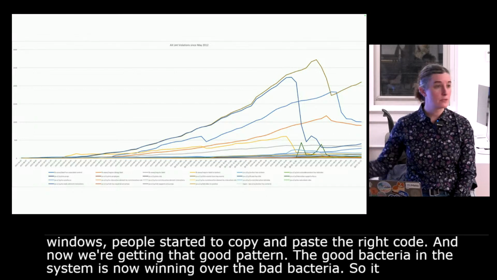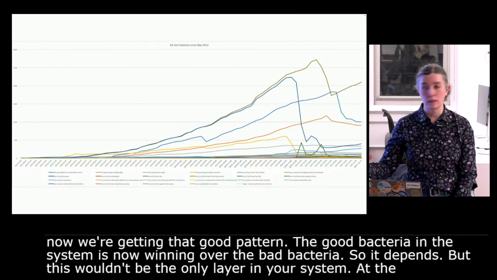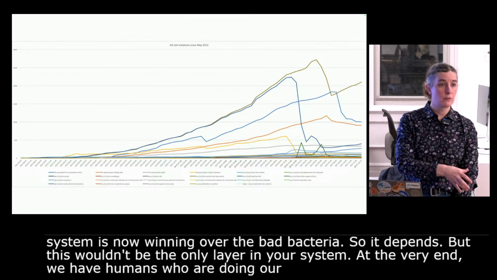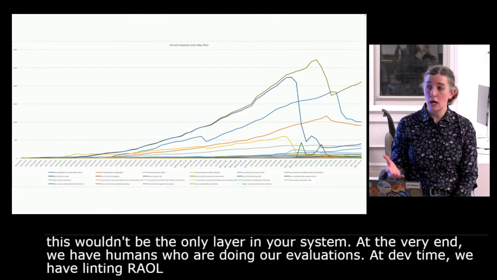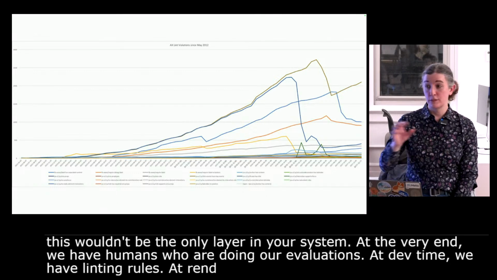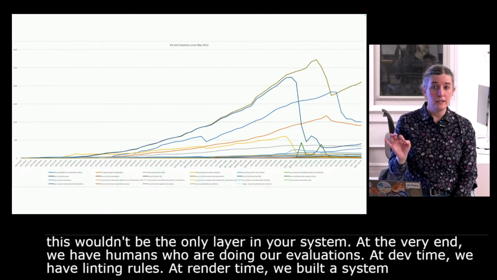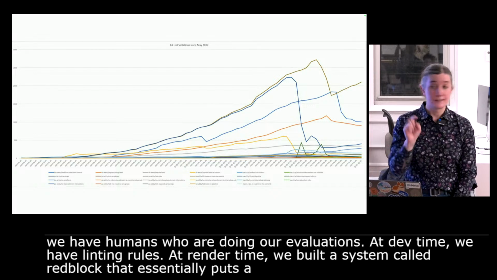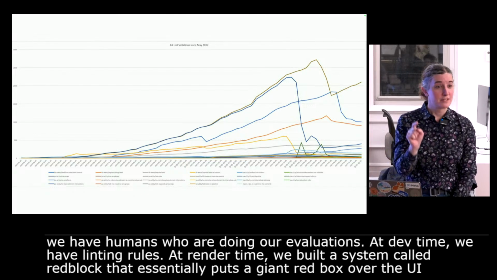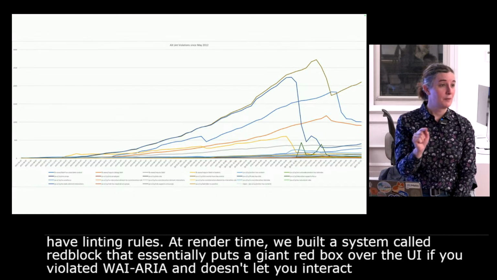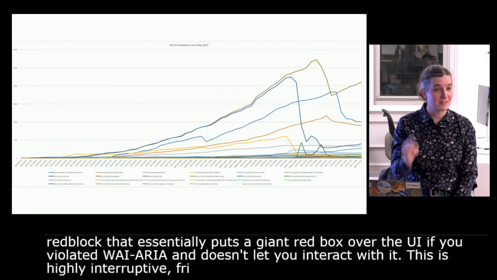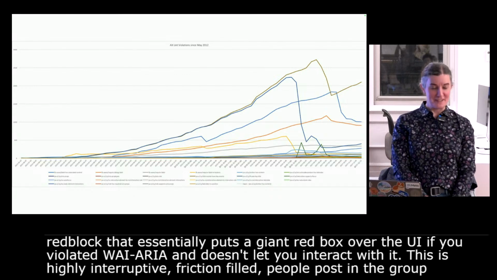At the very end, we have humans who are doing our evaluations. At dev time, we have linting rules. At render time, we built a system called red block that essentially puts a giant red box over the UI if you violated way aria and doesn't let you interact with it. This is highly interruptive, friction-filled. People post in the group all the time, how do I make this go away? And the answer is, fix it.